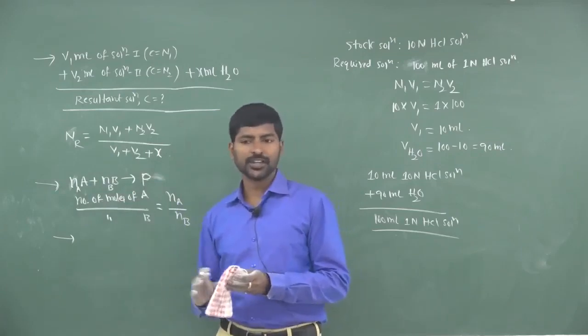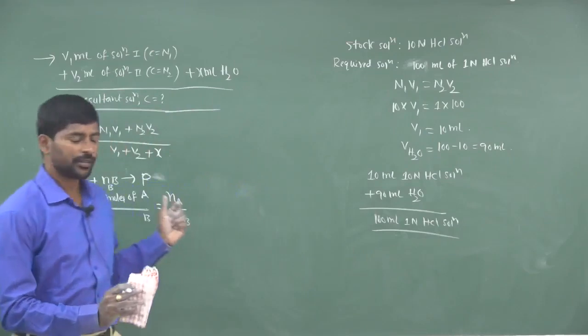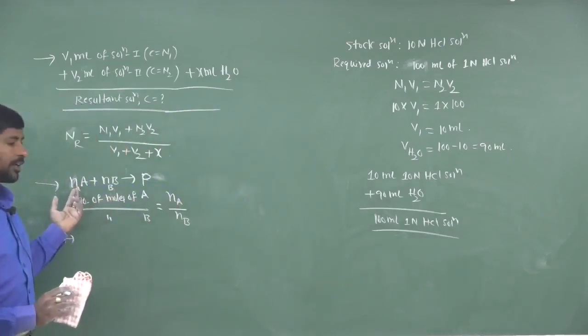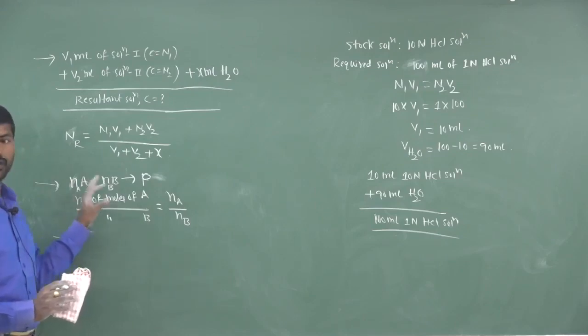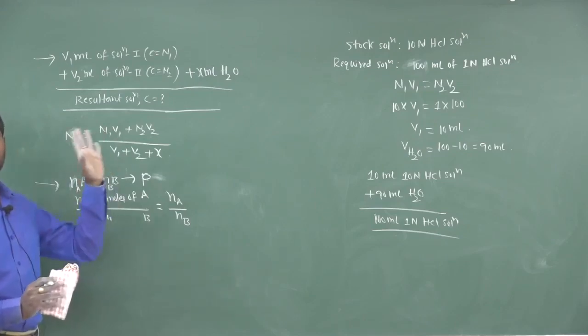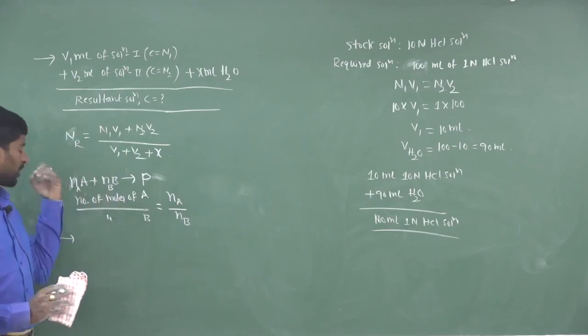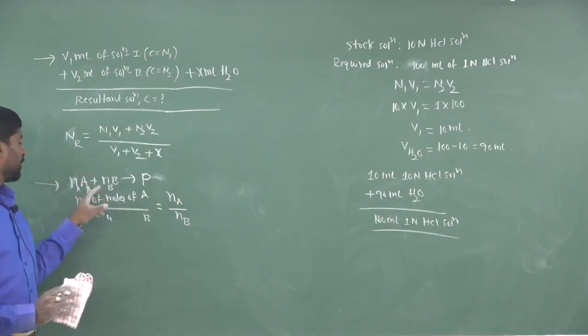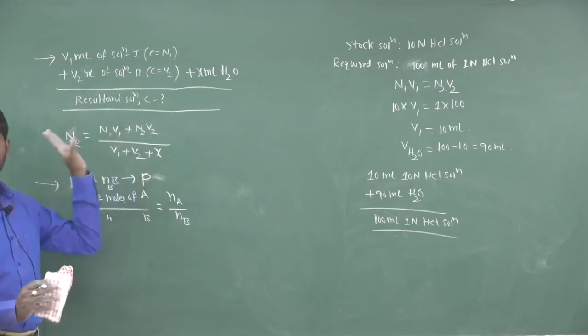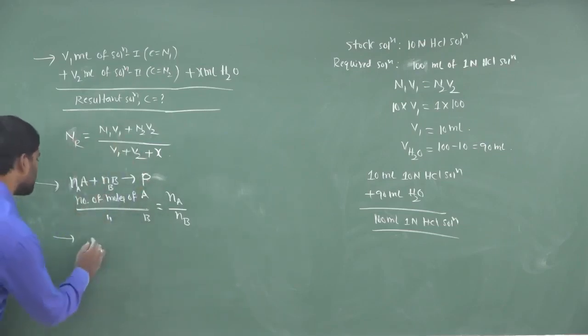Always during a reaction, the ratio of the number of gram equivalents of the reactants should be 1:1, and the product should be the same. Write that point.